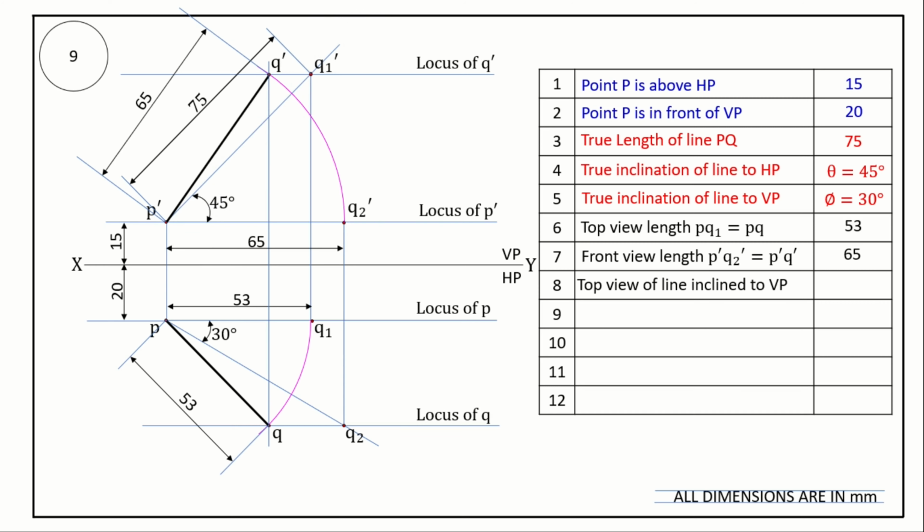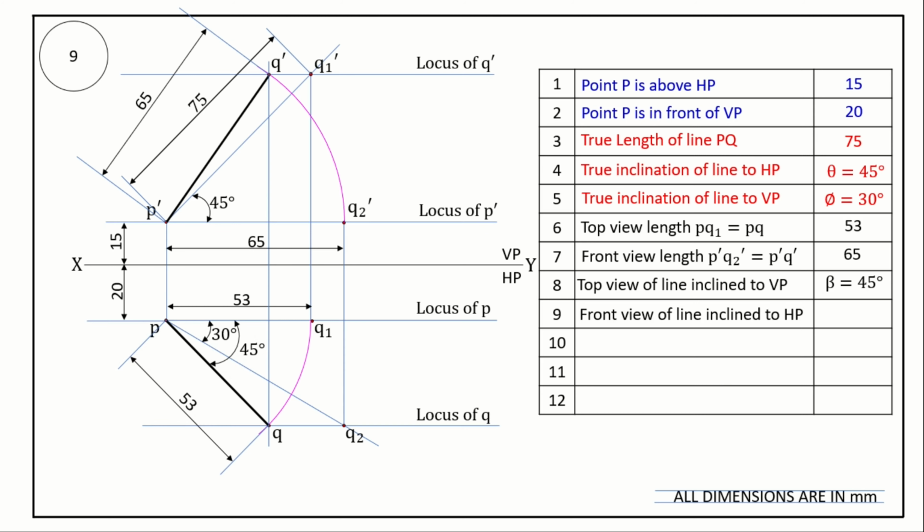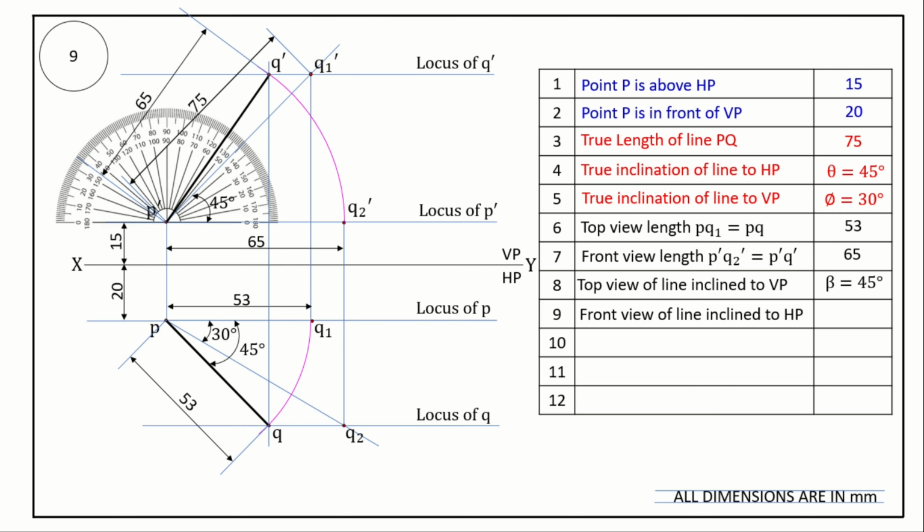The top view of the line inclined to VP: if you measure the inclination of the top view line, it is equal to 45 degrees. So, the top view of the line is inclined to VP by 45 degrees, that is beta equal to 45 degrees. Front view line inclined to HP: if you measure the front view inclination to HP, it is around 55 degrees.